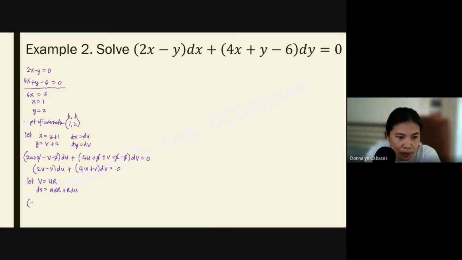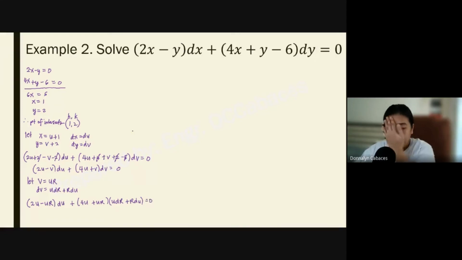So that is (2u minus ur) du plus (4u plus ur) times (u dr plus r du) equals 0.